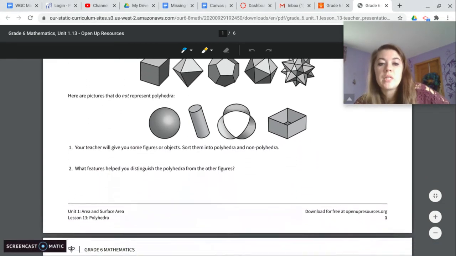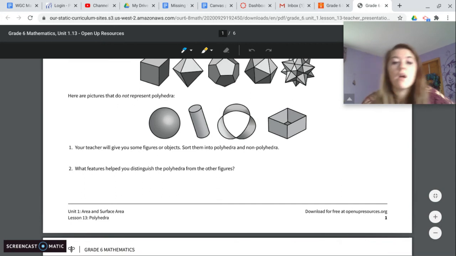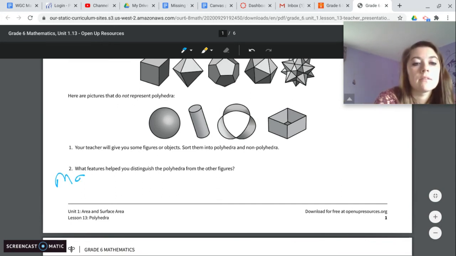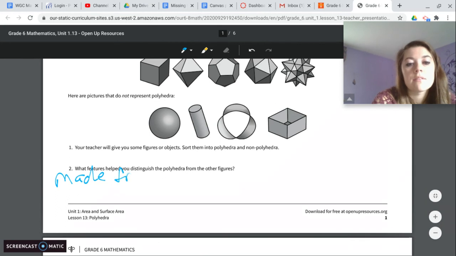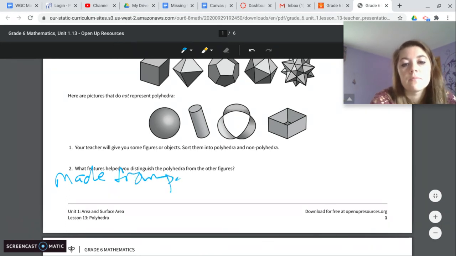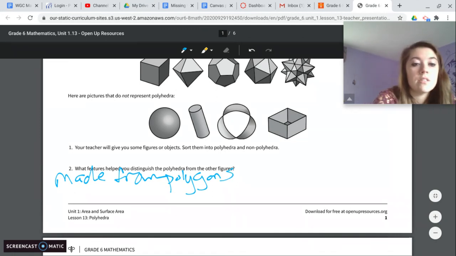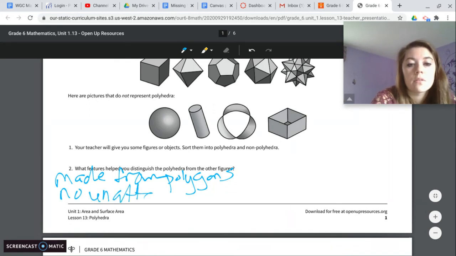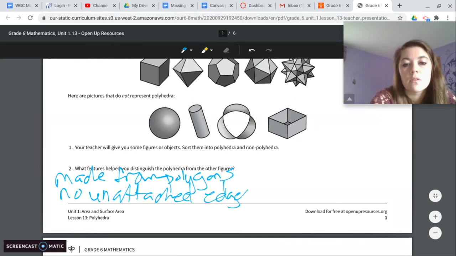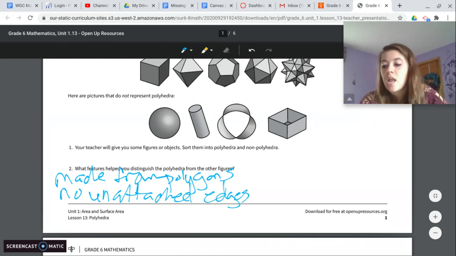So for number 2, we're not doing number 1, but for number 2, what features help you distinguish the polyhedra from other figures? So polyhedra are made from polygons. Polyhedra don't have any unattached edges, so no unattached edges.